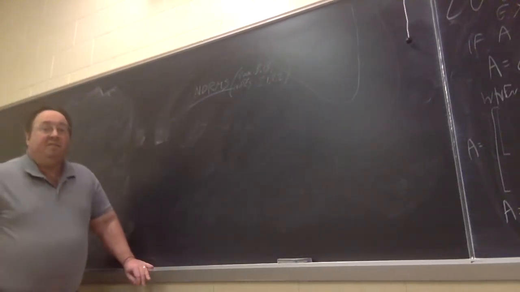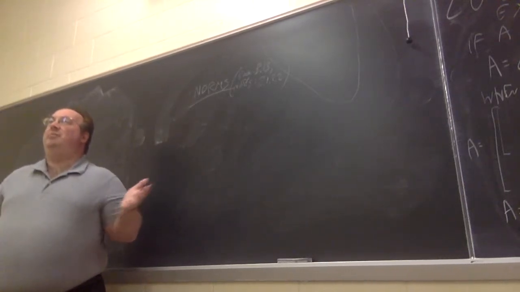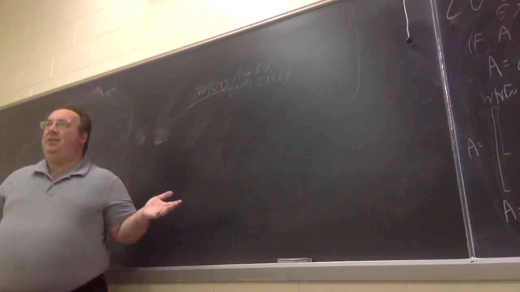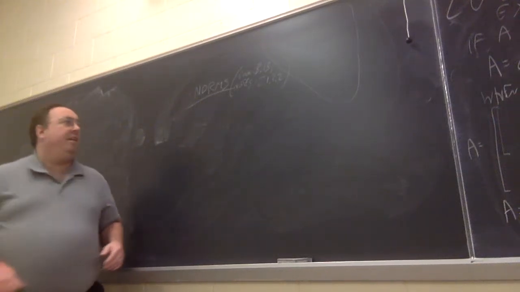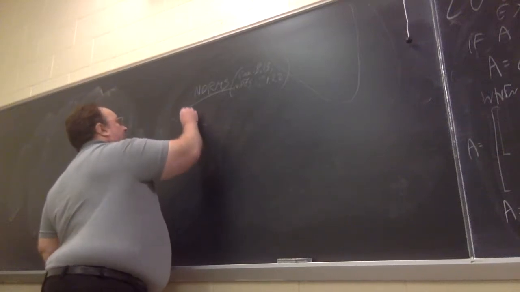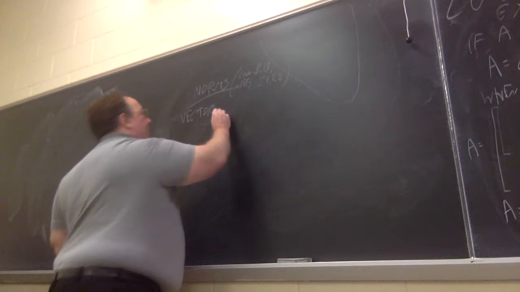So we know how to describe the magnitude of a number. That's absolute value. We want to be able to do the same for a vector or matrix. So we'll talk about vectors first, and then matrices are built on top of that.